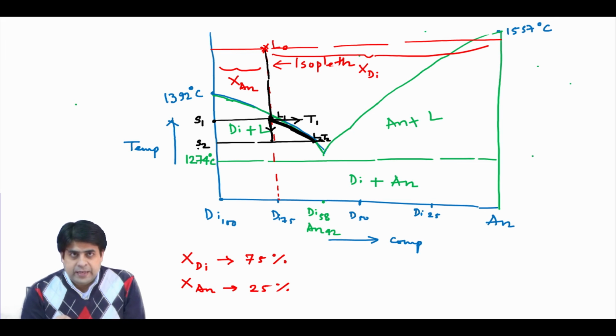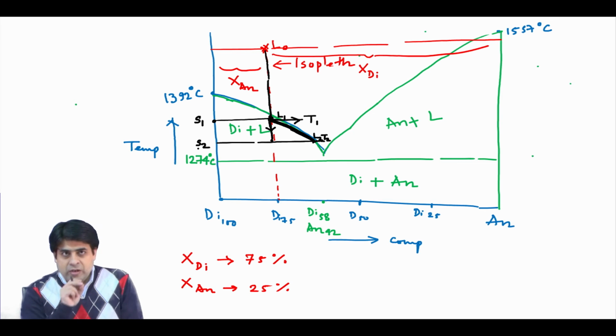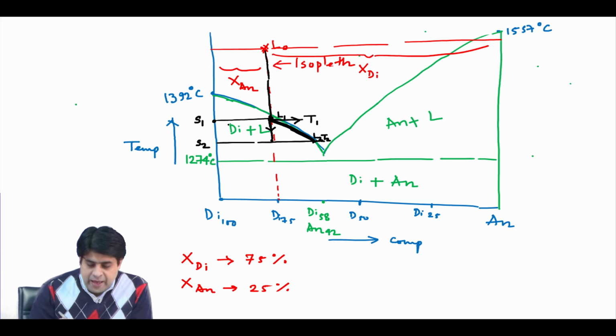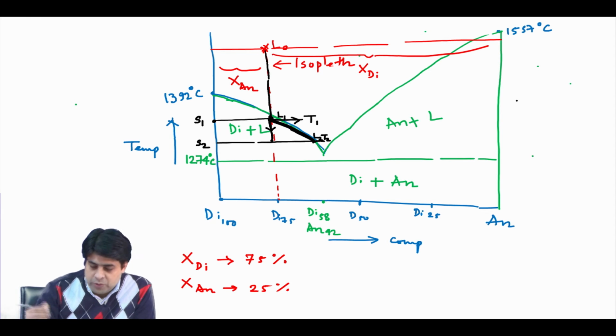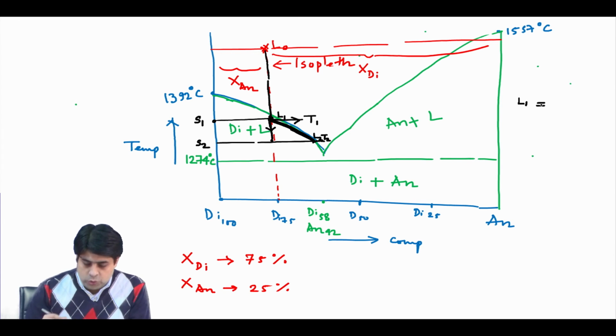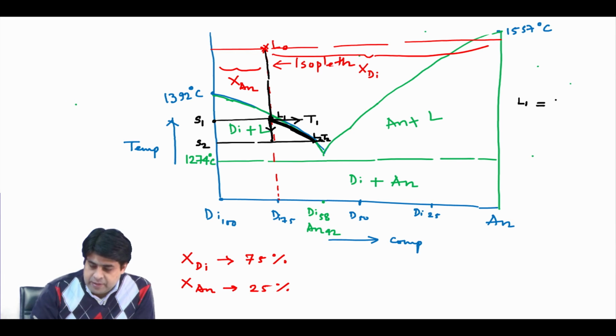If you look at the composition of L1, it is close to the original melt composition, diopside 75 and anorthite 25.